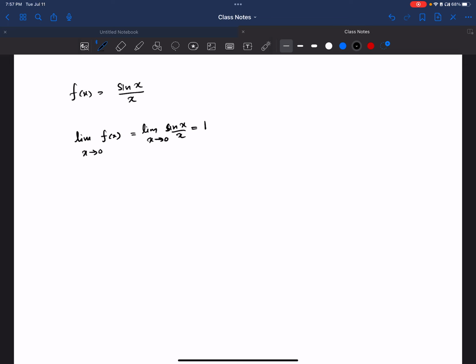So we want to prove that this limit exists. How do we prove it?